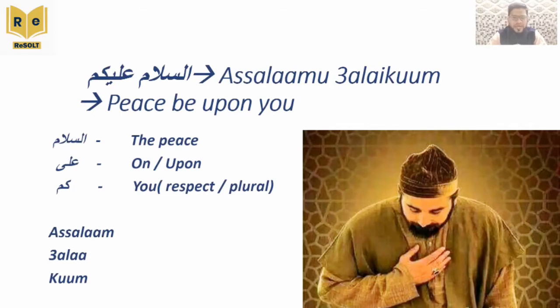So assalamu alaykum. Now when you see ala, I have written a three in the beginning of ala. What is that three? We have 28 letters in Arabic, and almost all letters have a similar sound to the English alphabet.